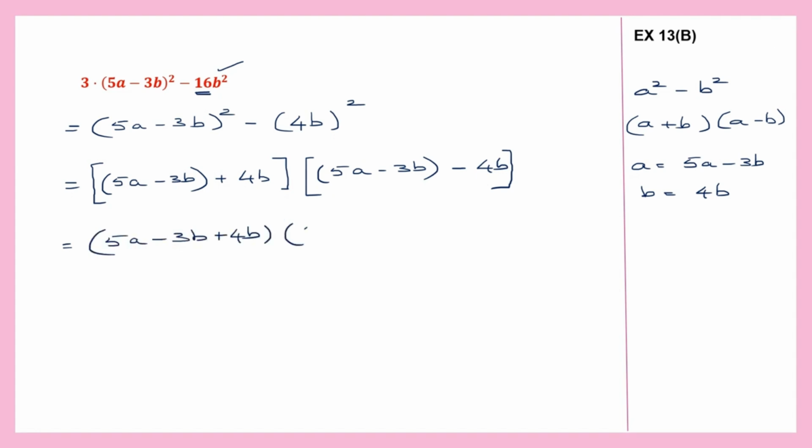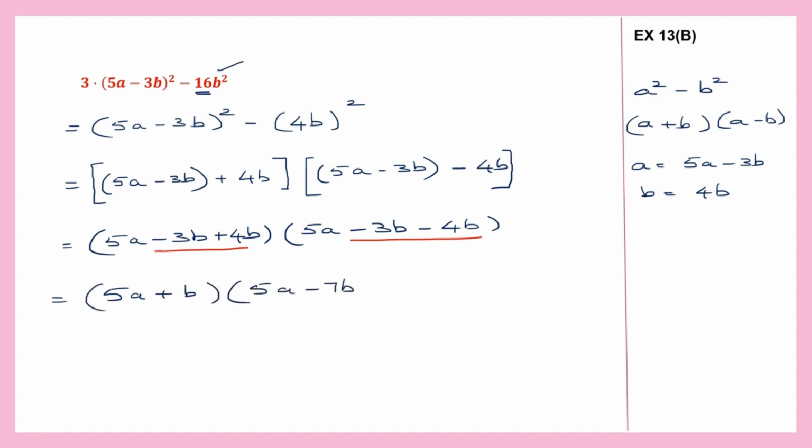And on the other side, we have 5a minus 3b minus 4b. Let's simplify the like terms. So here we have minus 3b and 4b, and here also we have like terms. So this will now become 5a plus b, since minus 3 plus 4 is 1. And here it becomes 5a minus 7b. So this is our final answer.